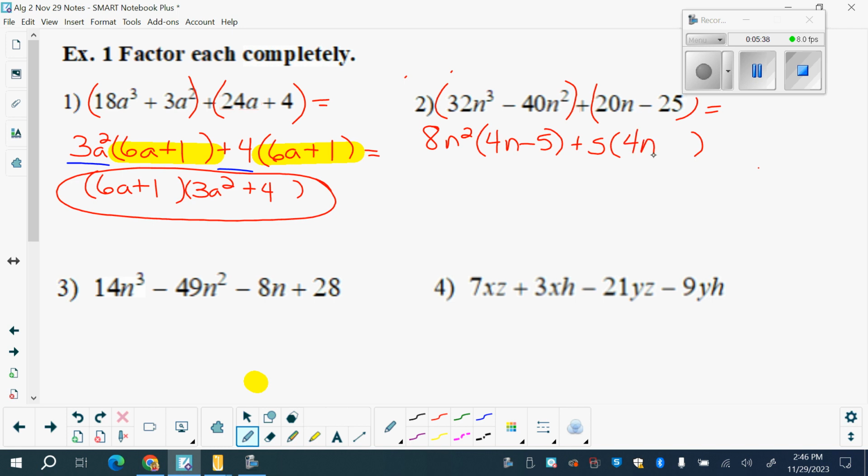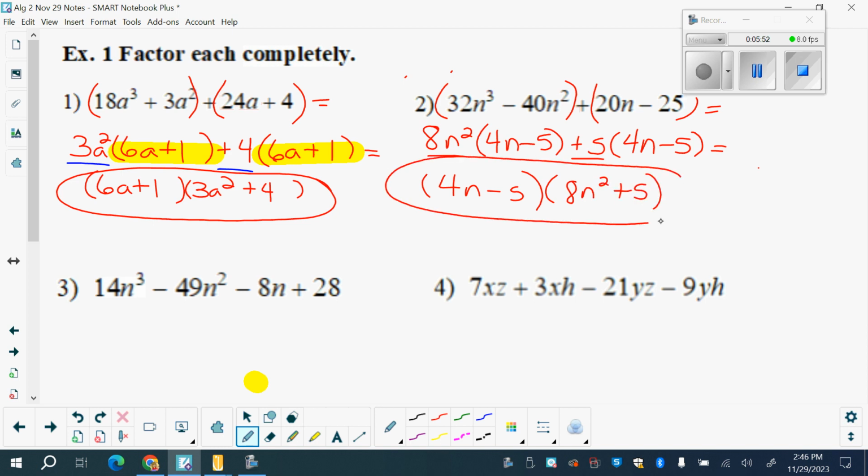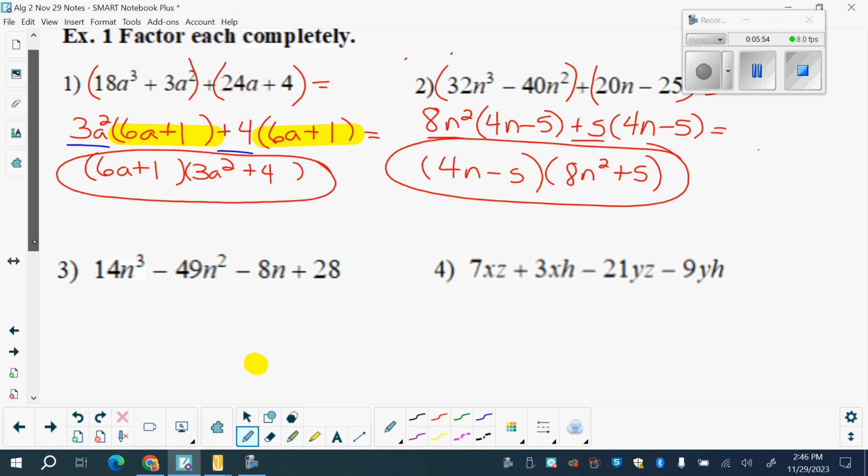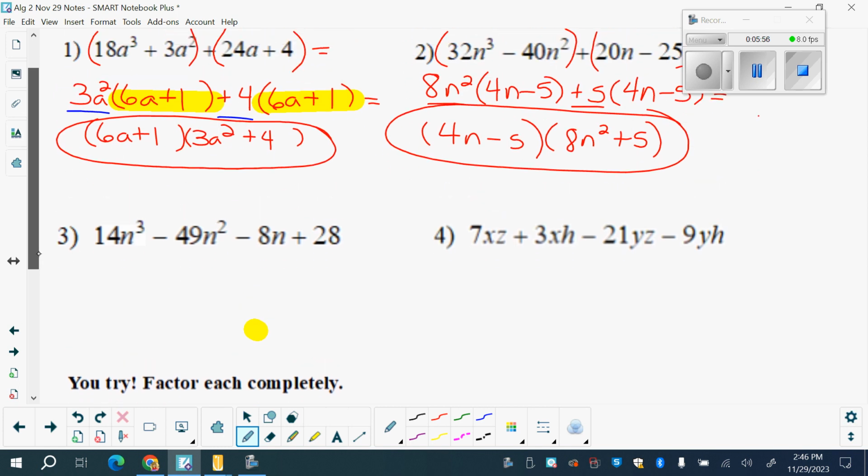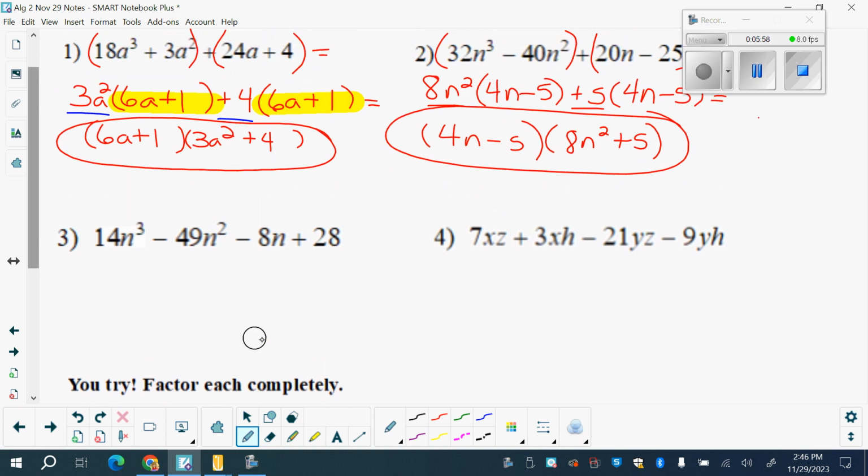So 4n and then minus 5. So now my final answer, 4n minus 5, because we have that twice, and 8n squared plus 5. Okay, so we'll group again.